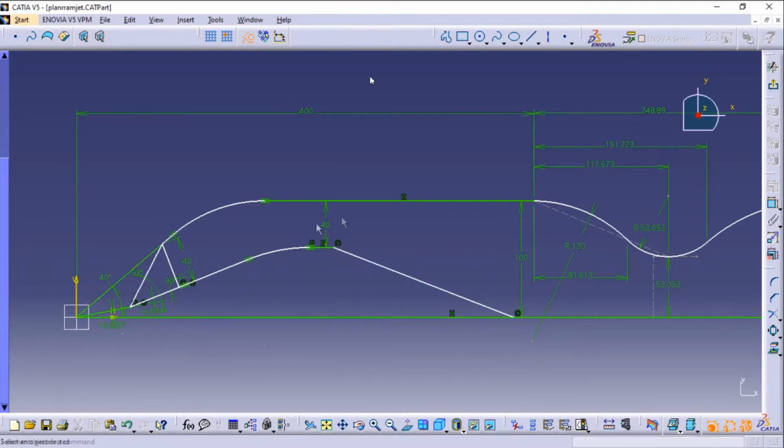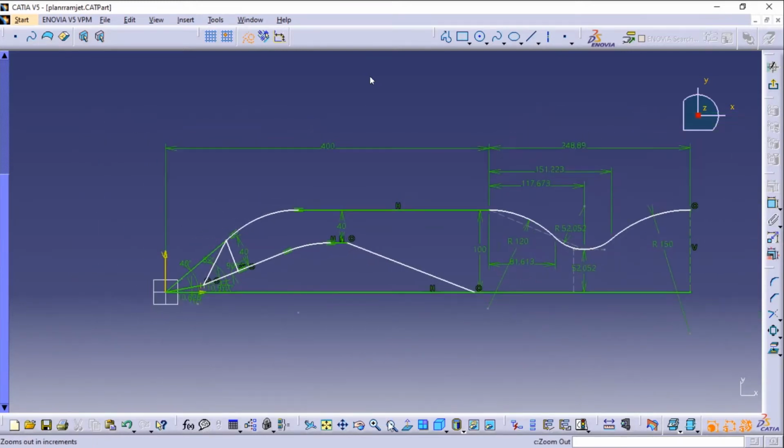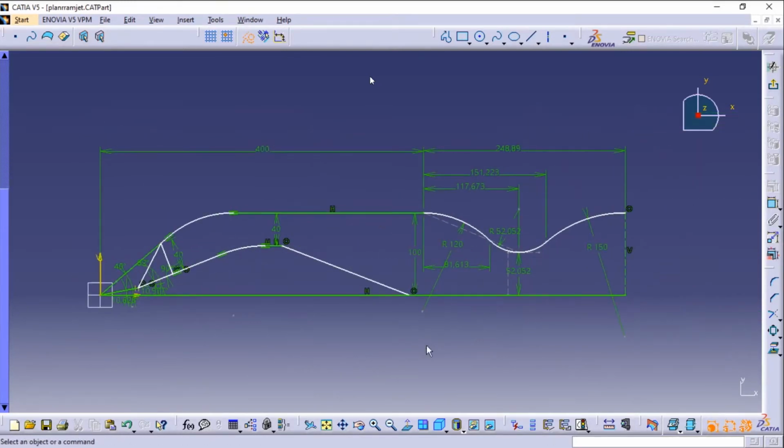And in doing so, I had a question about what would be the optimal area here, since I'm free to choose any. I was thinking about the purpose of the ramjet, which is to produce thrust.